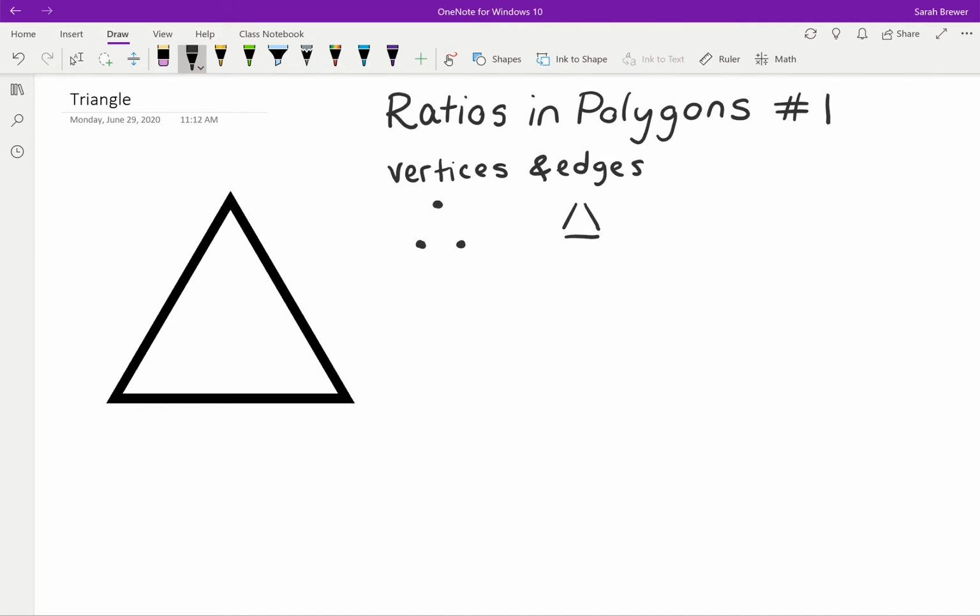So you have this collection of edges and vertices. And in particular here, we're going to be looking at regular polygons for now anyway. Regular just means that all the edges have equal length and all of the interior angles are equal.